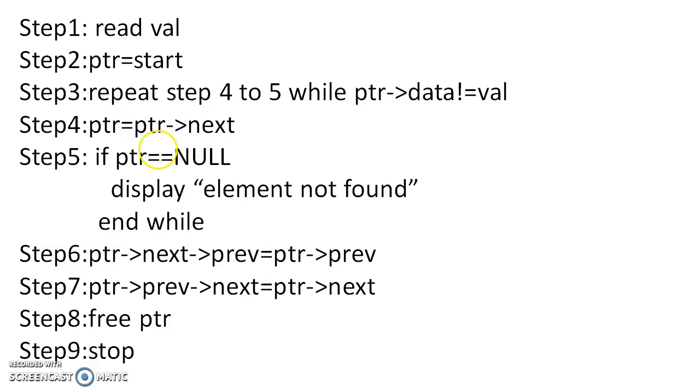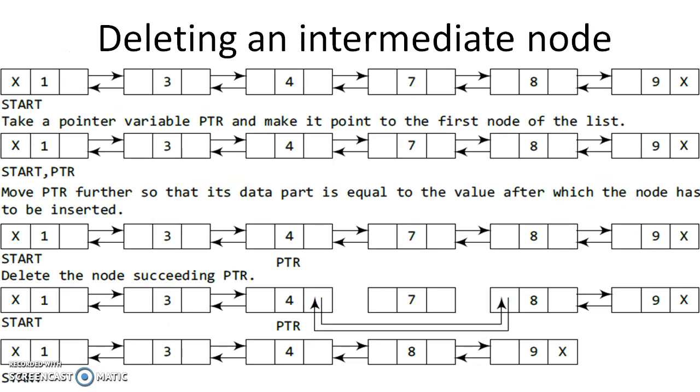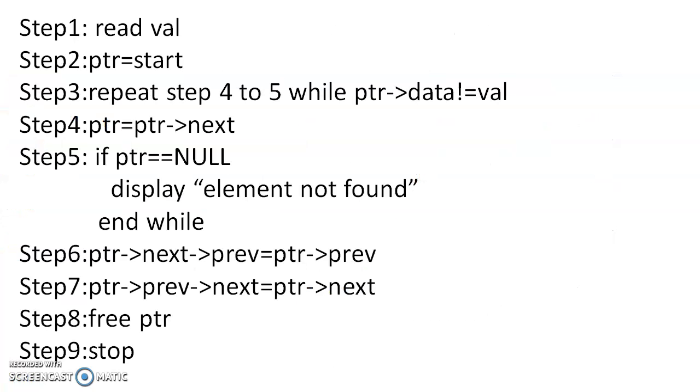If the pointer reaches null, it means the value you were told to remove is not present in the list. As an example, suppose someone has asked to remove 10 in this linked list. Is it present? No. In such cases, if the pointer is equivalent to null, we display that the element is not found. Then we do these two activities.